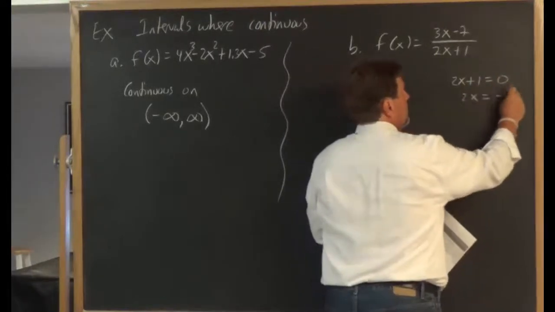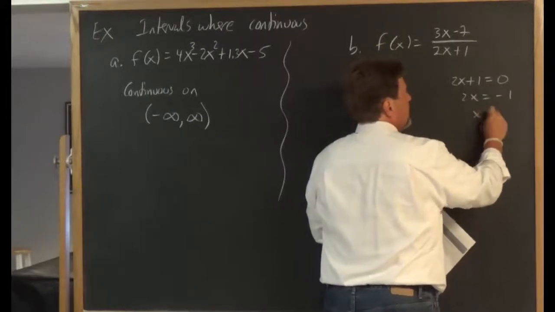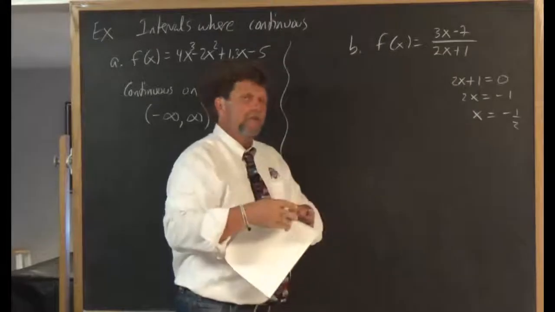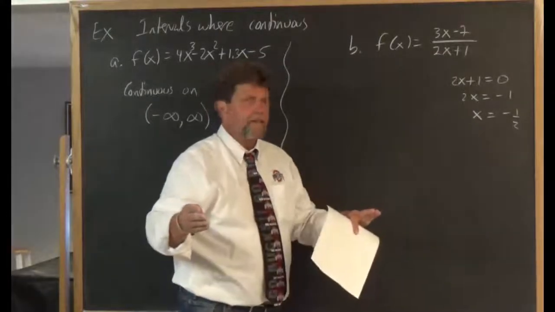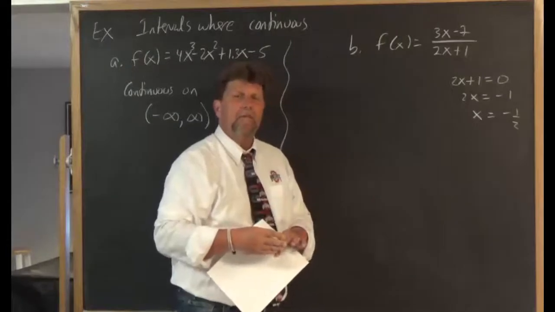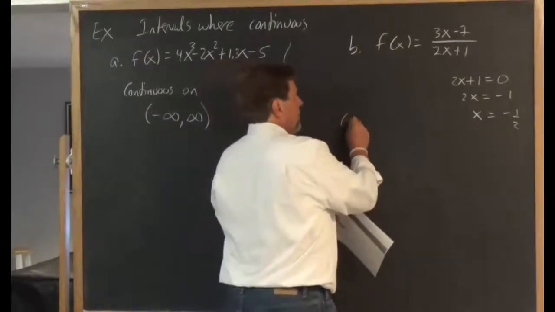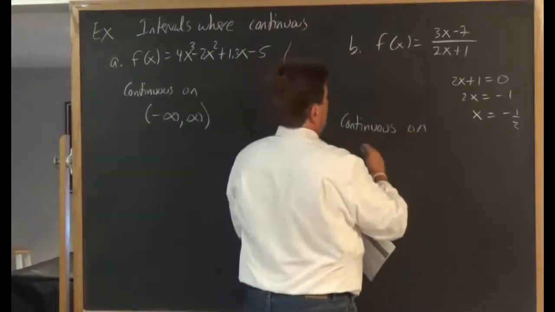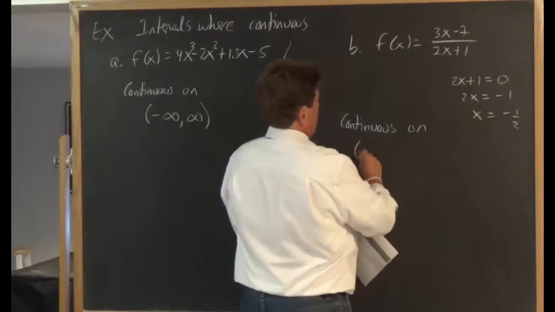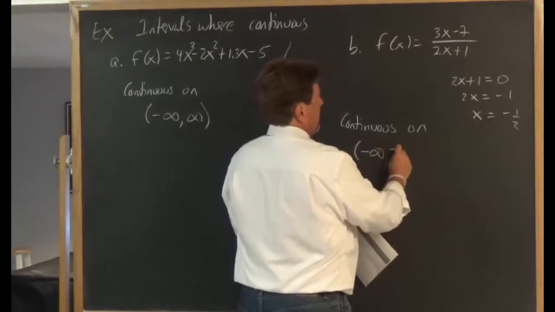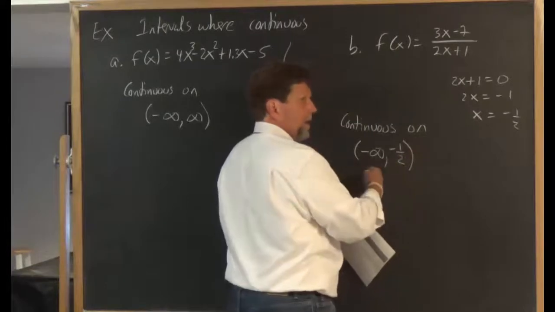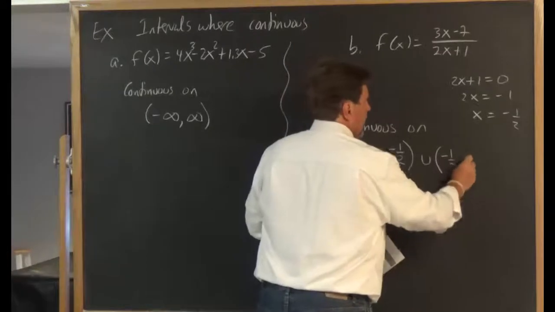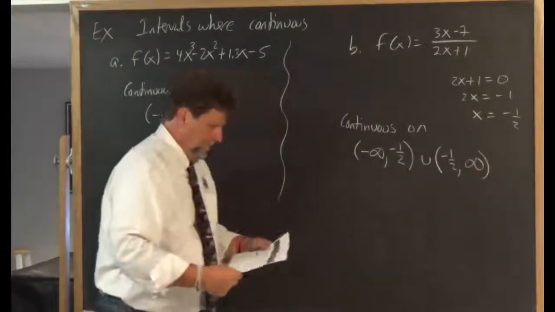Well, that value of x is negative 1/2. So this function is continuous for all values of x except negative 1/2. Writing that in interval notation, I would say it's continuous on negative infinity to negative 1/2, parentheses around both, union with negative 1/2 to infinity.